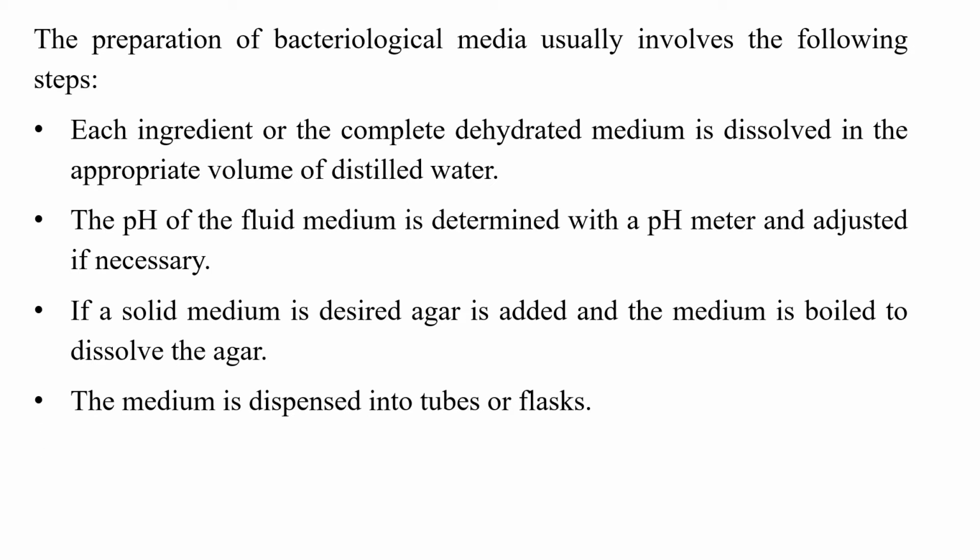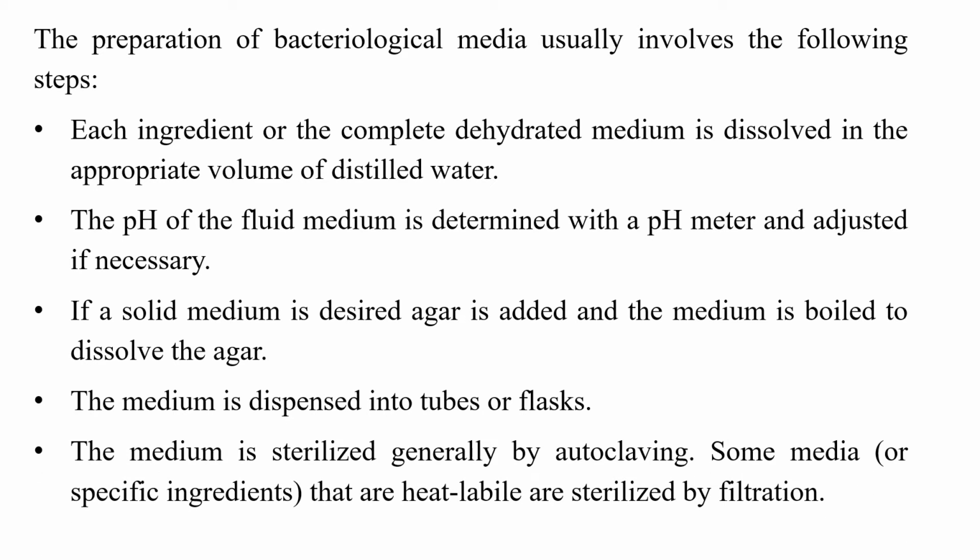Then dispense the medium into tubes or flasks. The medium is sterilized using an autoclave. Some medium ingredients are heat labile, and for sterilization of such ingredients you can go for the filtration method, sterilization by filtration.